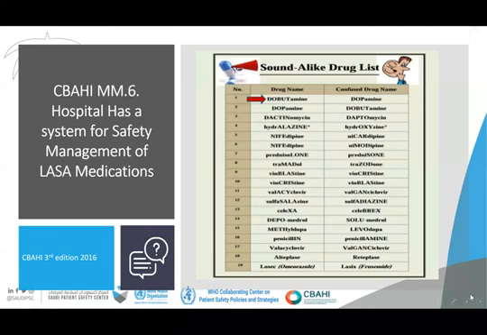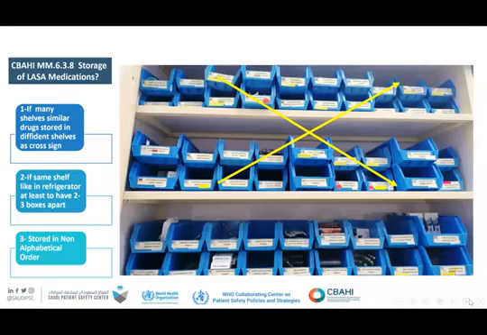And there are many other precautions. For example, you cannot put 2 similar boxes beside each other, even though some pharmacies use alphabetical order to arrange the medication, and this is a very dangerous practice.